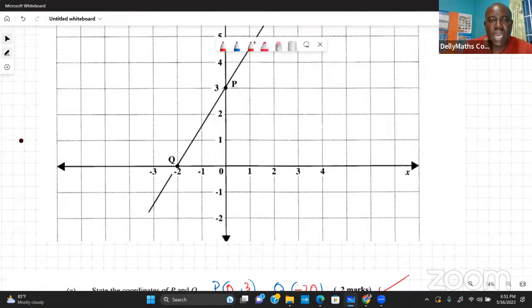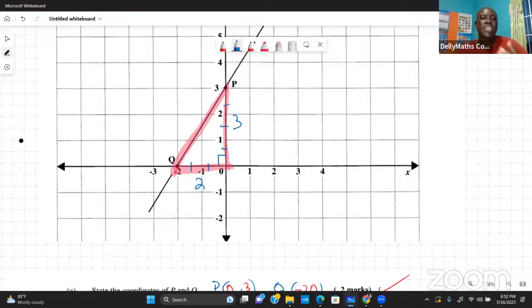For example, I would have marked off this. Here is the right angle. I'm able to count the vertical sides, 1, 2, 3, that is 3, and the horizontal, 1, 2 units, 2.